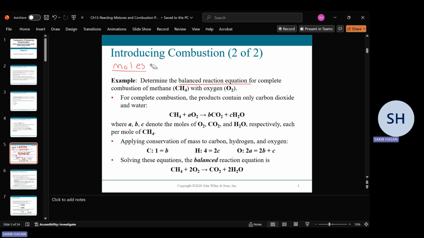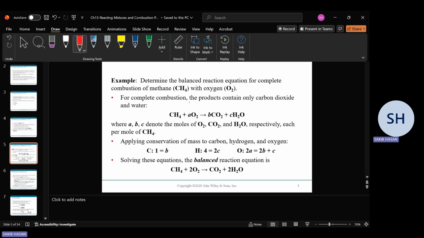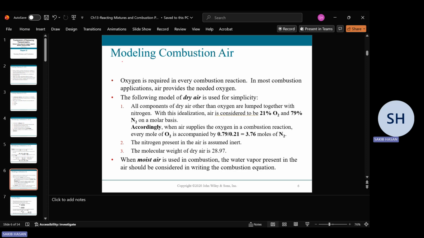Okay, so let me clear all this. All right. So the next part is the modeling of the combustion air. Now here, this is a bit interesting because we know air consists mostly of nitrogen. So if I drew a rough pie chart, it's going to be mostly nitrogen, 1/5 oxygen, so a substantial amount, and then just a tiny bit of other things.